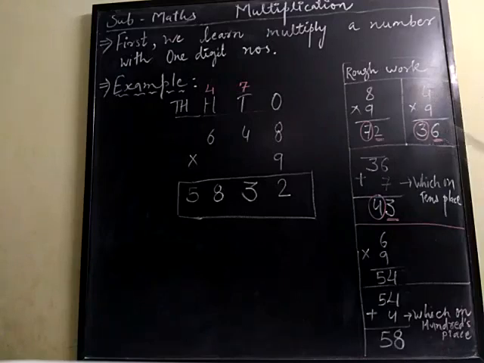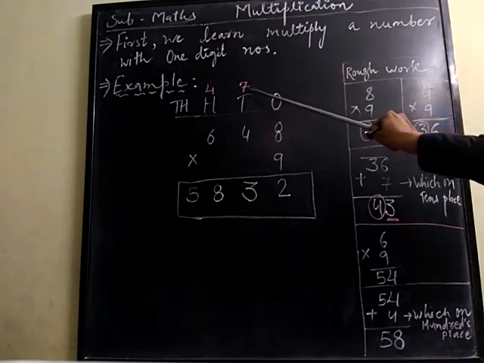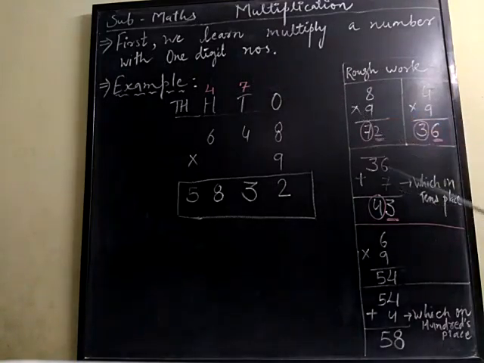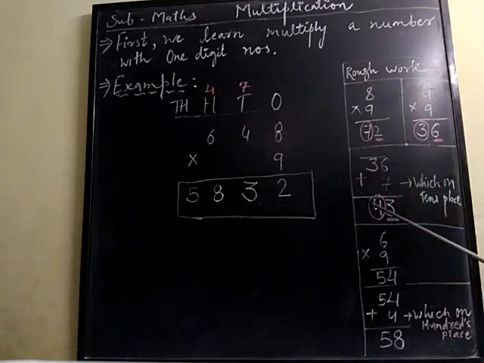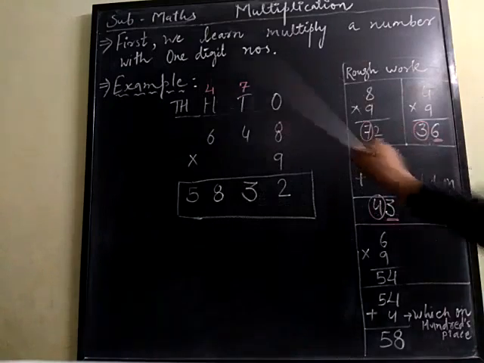See, 36 and carry is what? 7. So we add 7 to 36. 36 plus 7 we get 43. In the same way we write 3 under the tens column and carry 4 on the hundreds place.